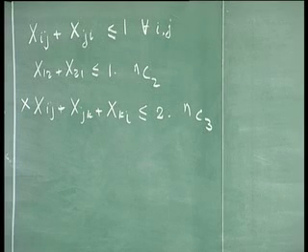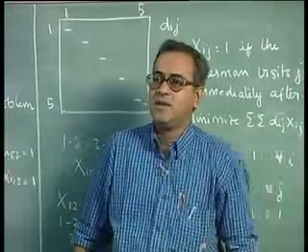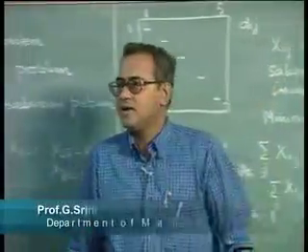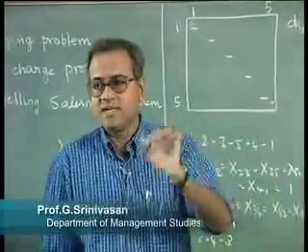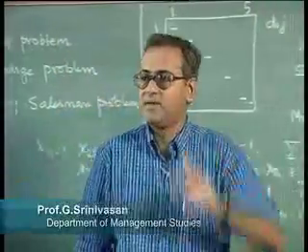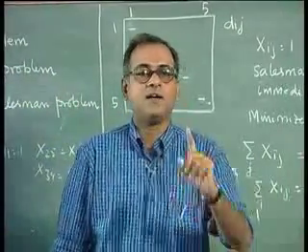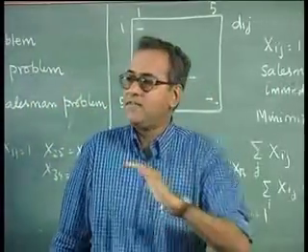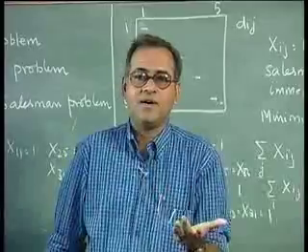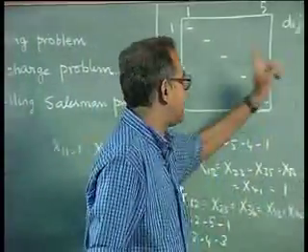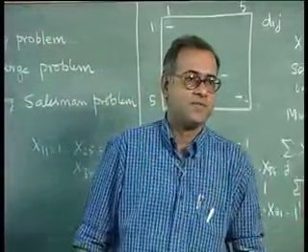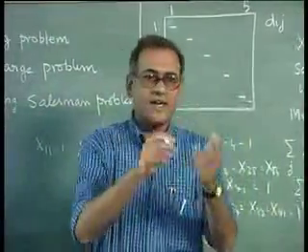Similarly, if I have a 4 city subtour, there is only one remaining, and that has to be a 1 city subtour. I have already eliminated 1 city subtours, so I do not have to do the NC4. So in general, if I have an n city travelling salesman problem where n is odd, it is enough if I go till n minus 1 by 2. I do not have to do anything beyond. And if n is even, I will do up to n by 2. So when I have a 6 city TSP, I have to necessarily also eliminate the 3 city subtour, because a 3 can result in another 3.